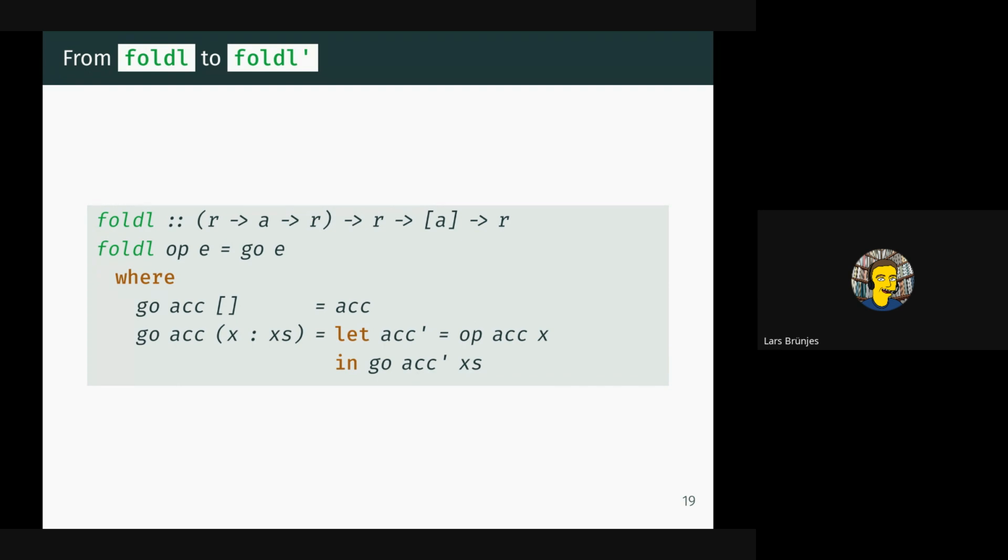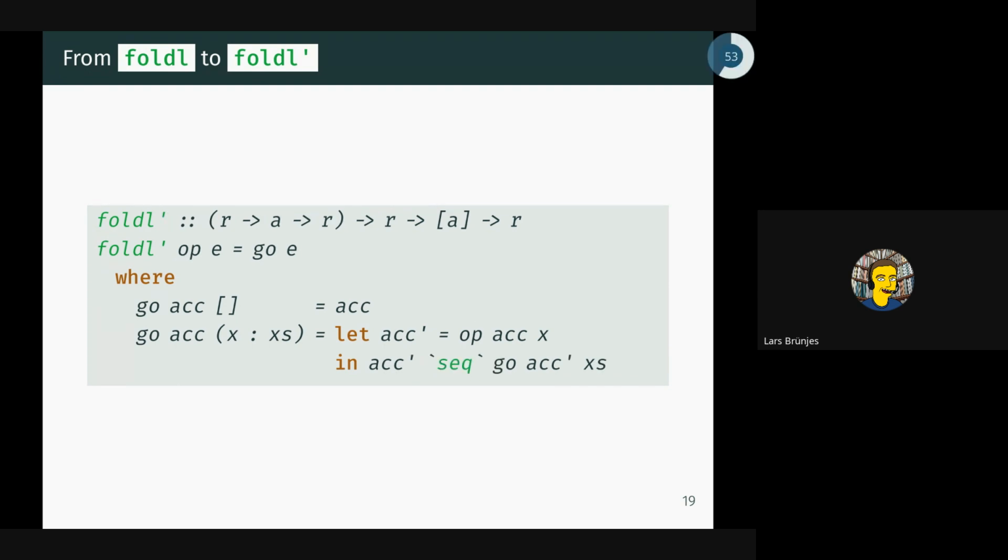So now, equipped with this new knowledge about seq, we can do this. It will have exactly the same result as before, because semantically the seq doesn't do anything. It basically just ignores the first argument. So the overall result will still be the same. But the side effect will be that before it does the next step, the seq forces it to evaluate the accumulator first, the updated accumulator.